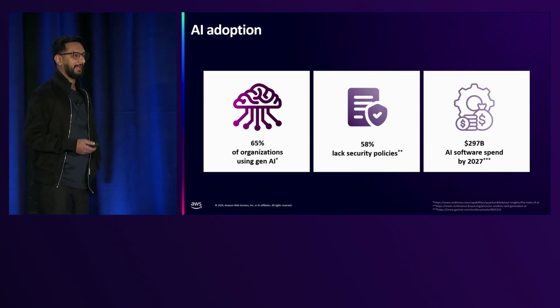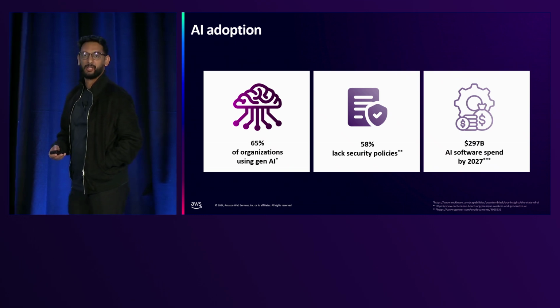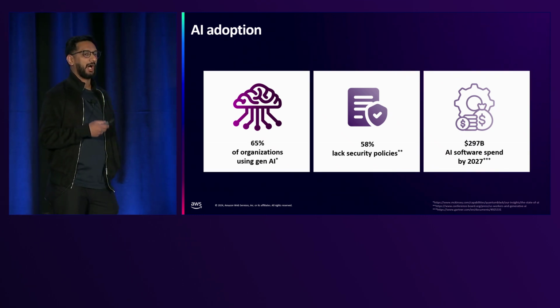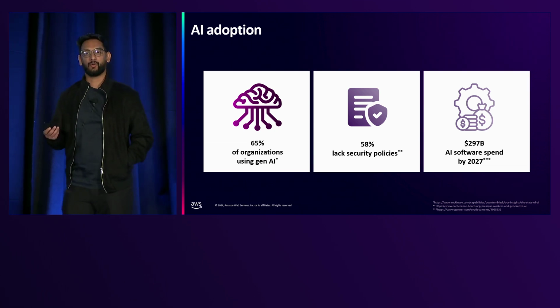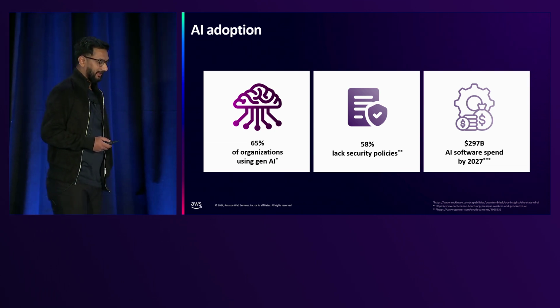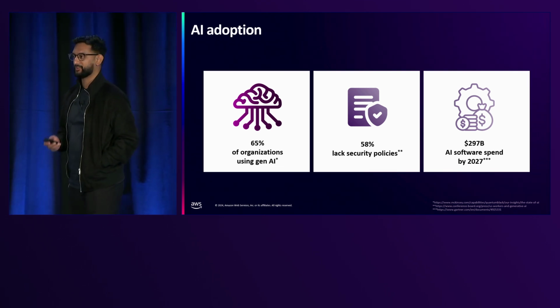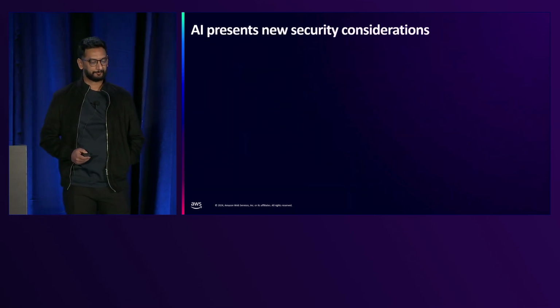Given the productivity gains that customers are seeing and the customer experiences that these provide, the adoption curve is just going to start increasing exponentially over the next 3 years. And so some of the projections include over $300 billion of software spend on AI services and softwares themselves.